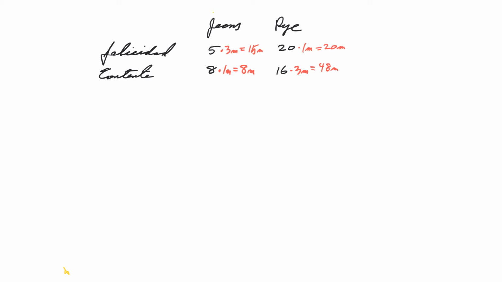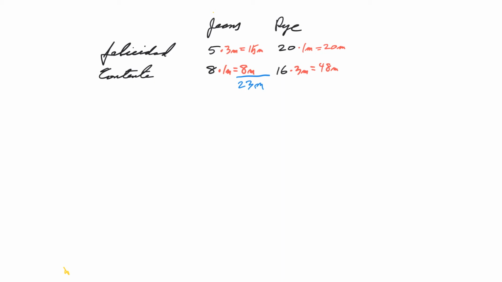Now, this is going to become useful later. Let's just make a note of how many jeans there are in the world. Okay, these countries are the whole world, let's say. So, 15 million plus 8 million is 23 million jeans.